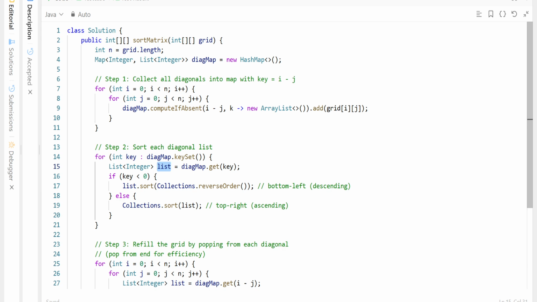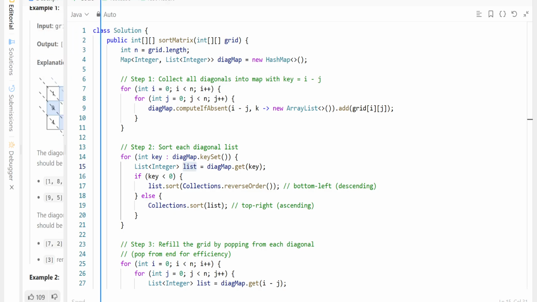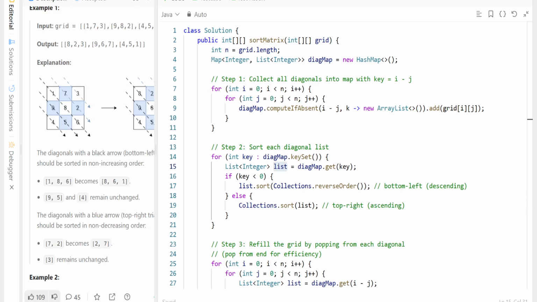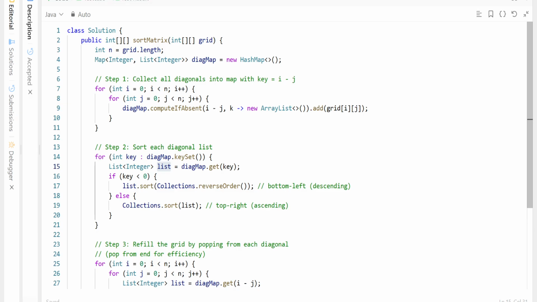For each diagonal list, let's suppose when the key comes as 0, we get that diagonal list as what we have just seen, 186. So this list will contain 186. When we get the 186, there are two conditions. Key is less than 0 or else.